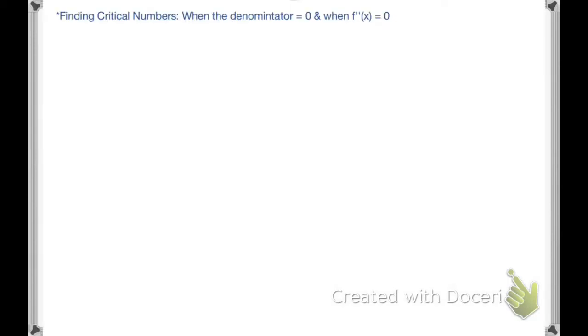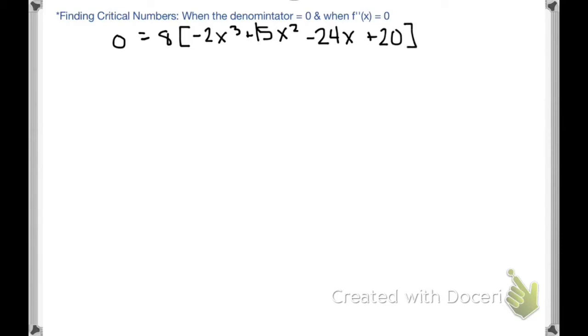Next, we're going to find the critical numbers of this second derivative. So we're going to set our derivative equal to 0, and that's just going to give us 8 times negative 2x cubed plus 15x squared minus 24x plus 20, all over our denominator of x squared minus 4 cubed. We're going to multiply both sides by our denominator to eliminate it.